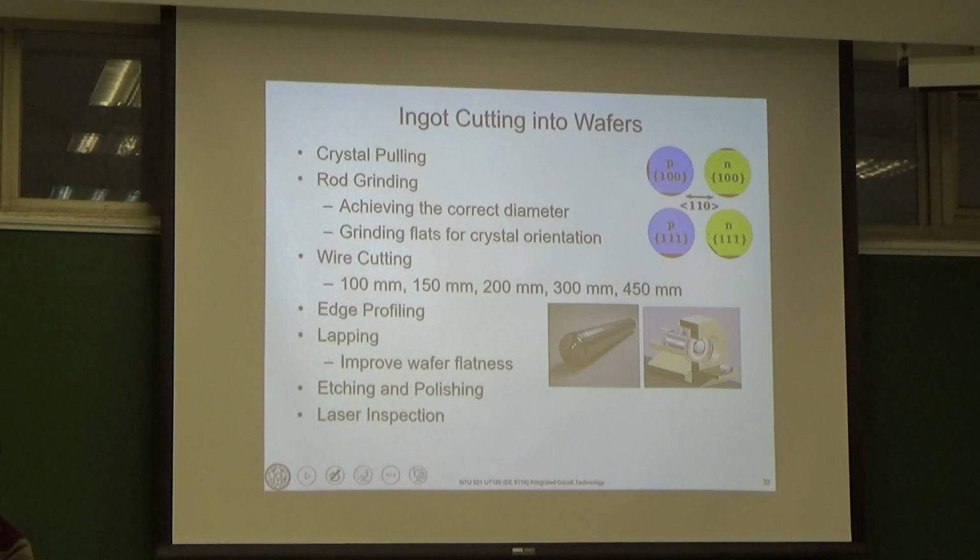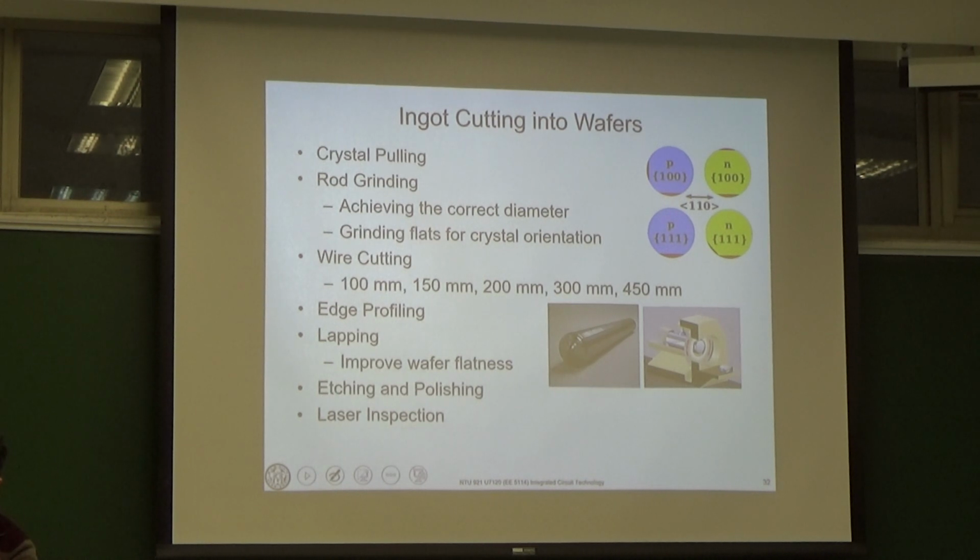Once we have this ingot cut ready, we can begin to cut it into different slices of silicon wafers.